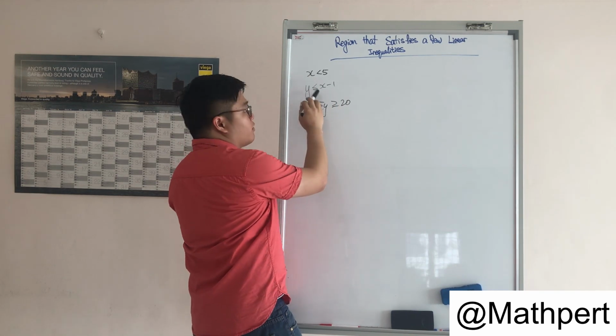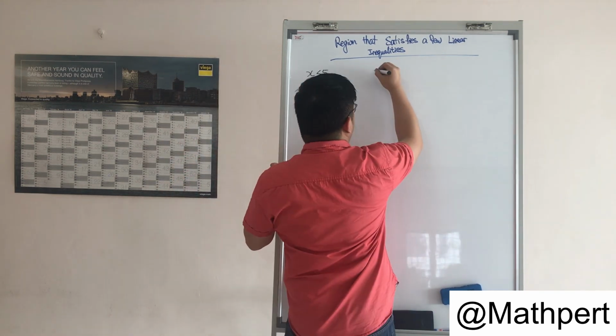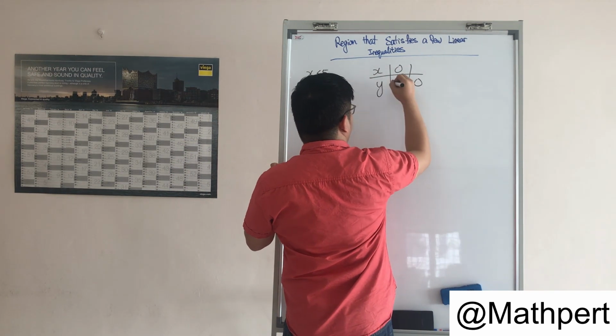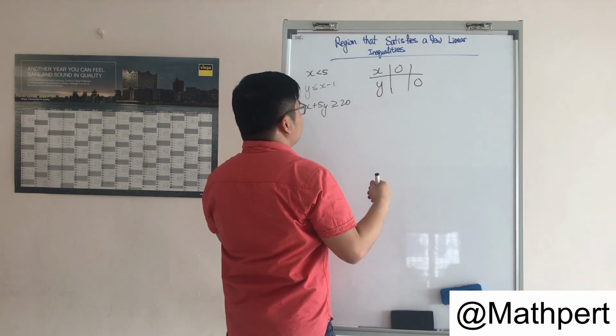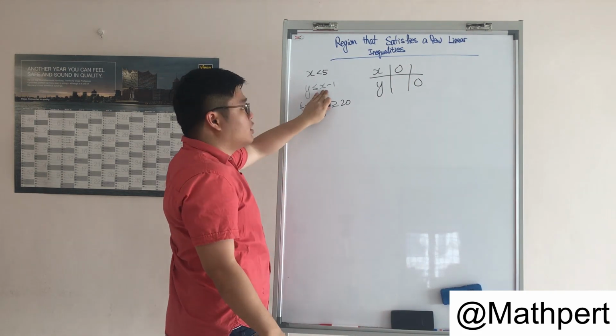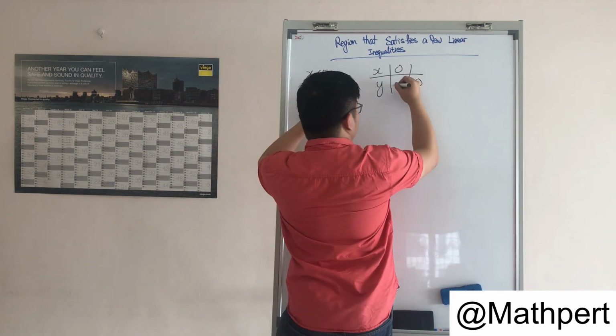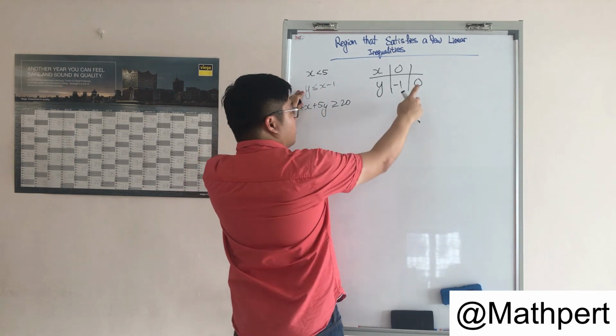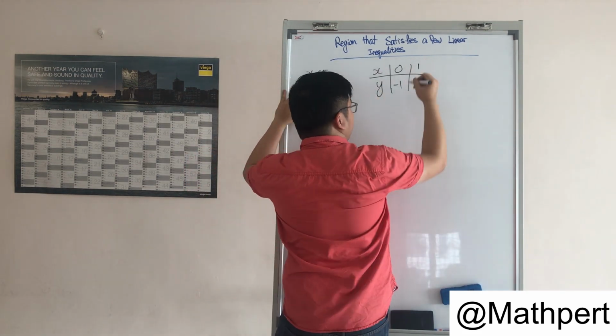When x equals 0, y equals negative 1. When y equals 0, x equals 1.